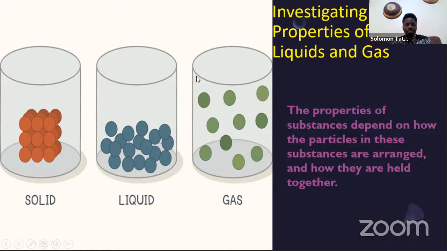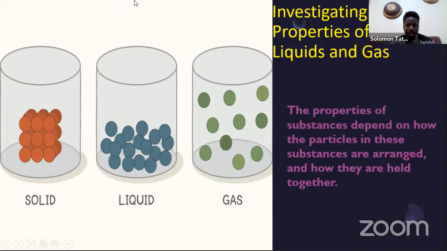Okay, so these are the properties of solids, liquids, and gases. Now, these depend on how the particles in the compounds or in these materials are arranged. So the arrangement of particles will determine the properties of that particular substance.